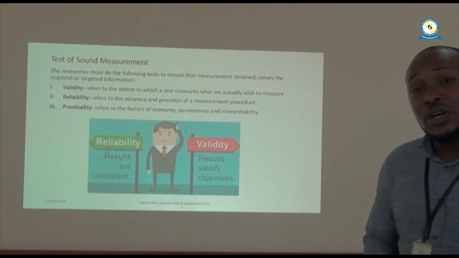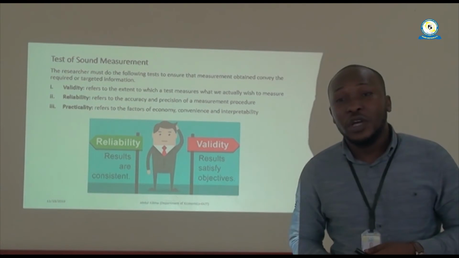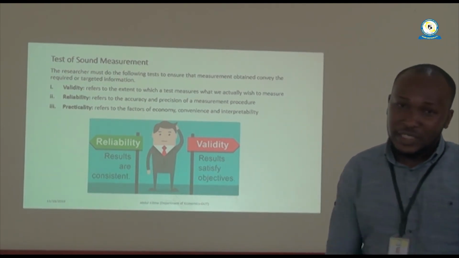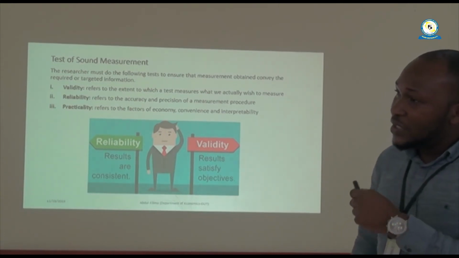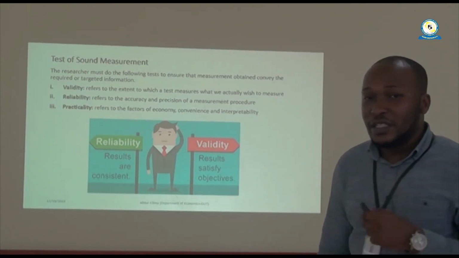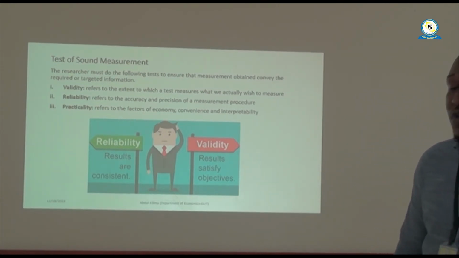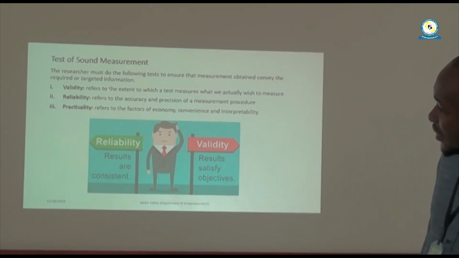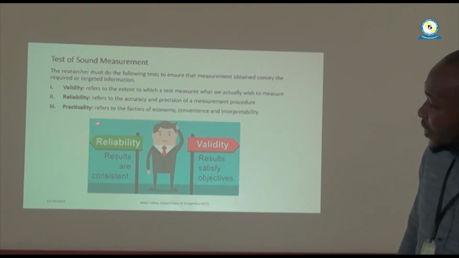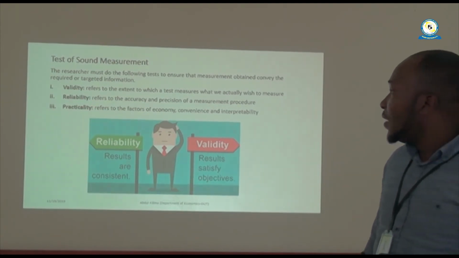Okay. Now, how can we know that we have measured what we want to measure? How can we test that what is measured is what really was supposed to be measured? Then we do the following tests: validity, reliability, and practicability.